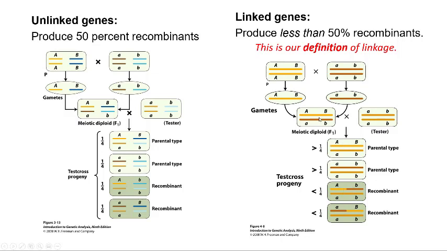So big A and big B tend to be inherited together. Little a and little b from the F1 here tend to be inherited together. And we'll get more than 50% of the progeny being parental type and less than 50% of the progeny being recombinant type.